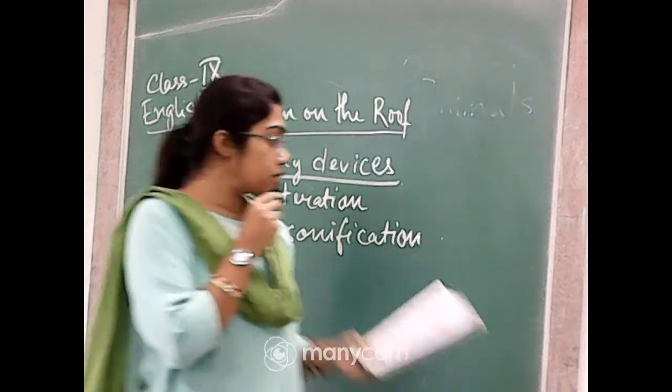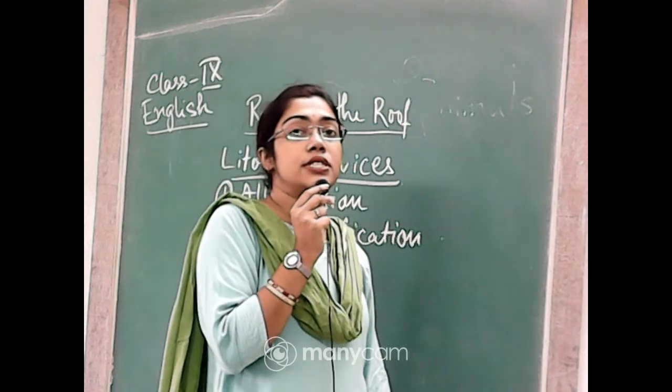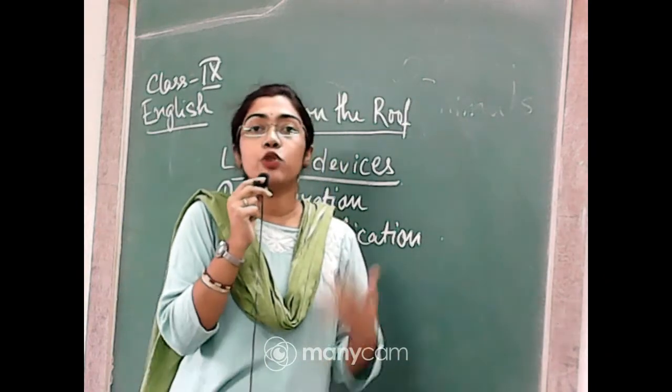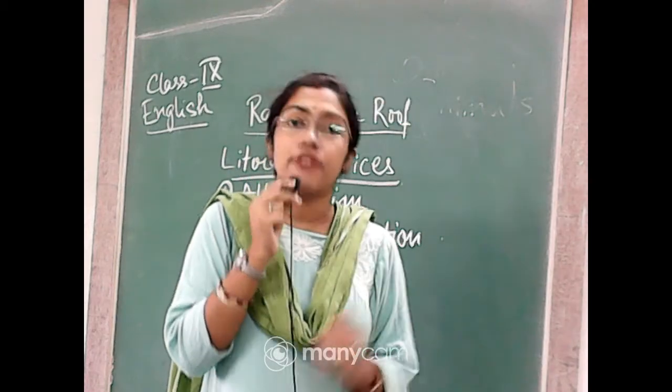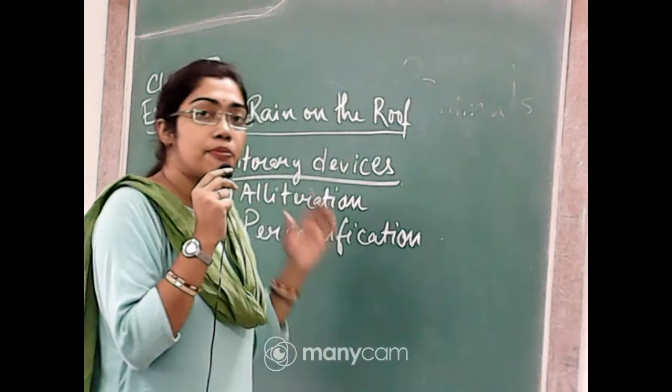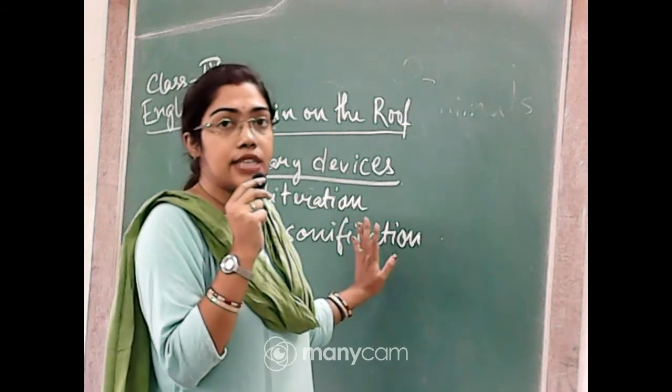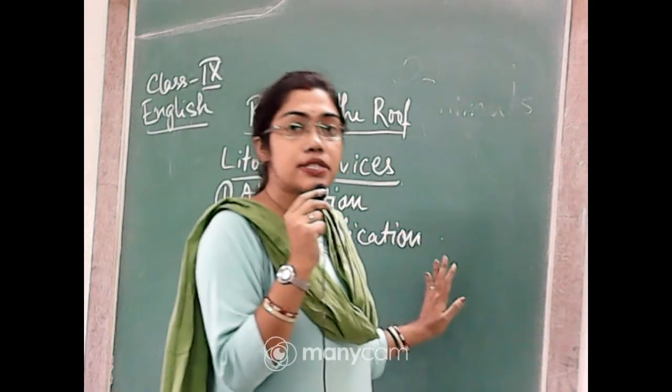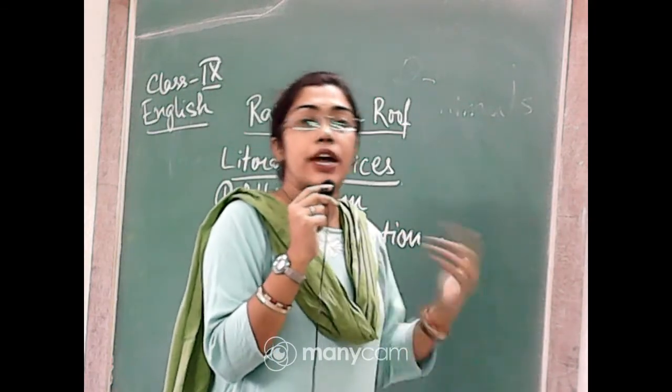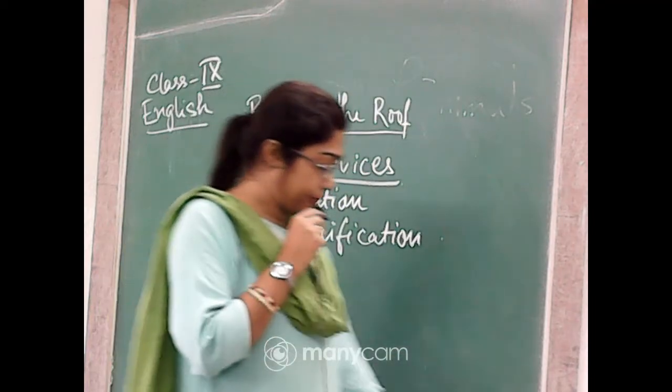Done. So these are all the personification, means these are all personified to be someone who is doing certain activities. These are personified as if they are some real person doing some kind of action inside the poem.